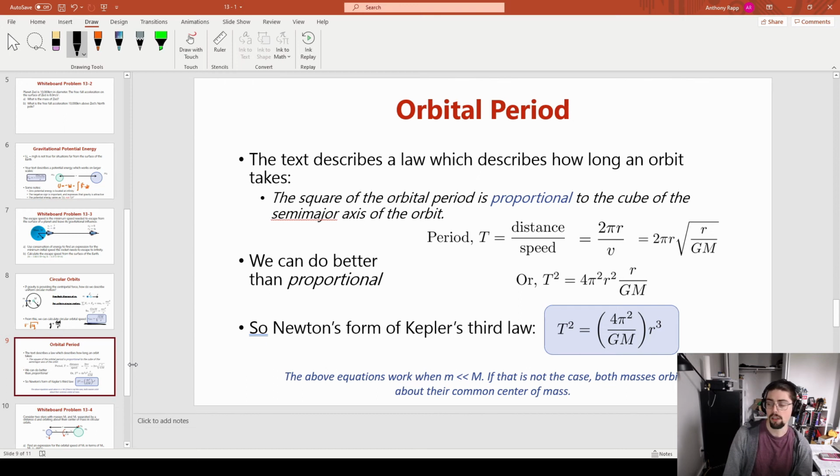So what we've got with all of this is essentially if we know that the planets are moving around at an average radius r, we can find the period of their orbit with this equation right here, Newton's form of Kepler's third law, or just call it Kepler's third. This tells us the period, capital T, based on essentially only the radius.